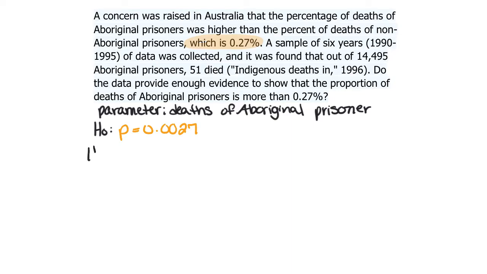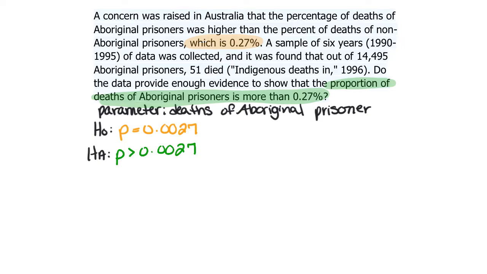And my alternative hypothesis, the thing that I want to look at, is if the proportion of deaths of Aboriginal prisoners is more than that. So as my alternative hypothesis, I would write that I want to check and see if P is going to be greater than 0.0027, because I want to know if the deaths of Aboriginal prisoners is more than 0.27%.